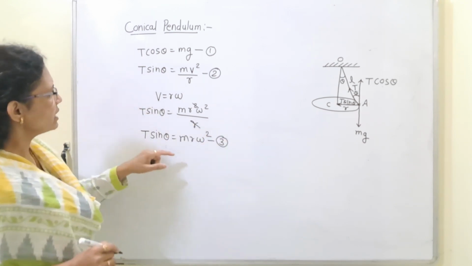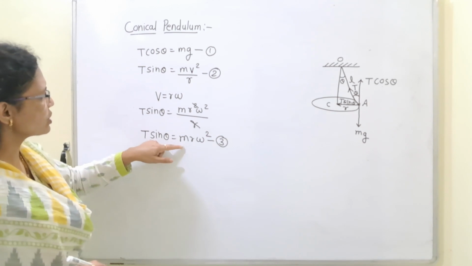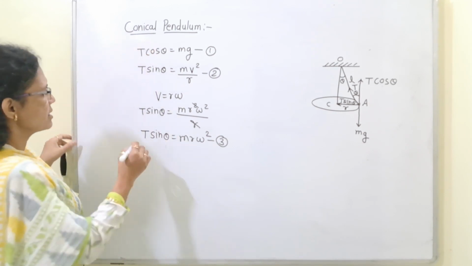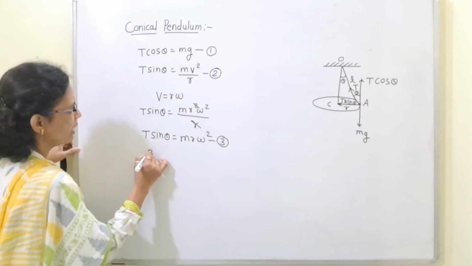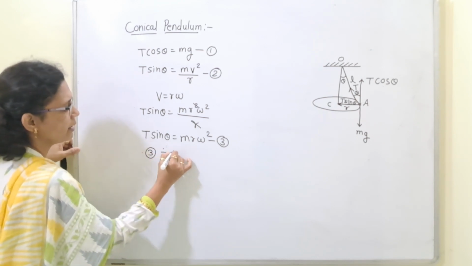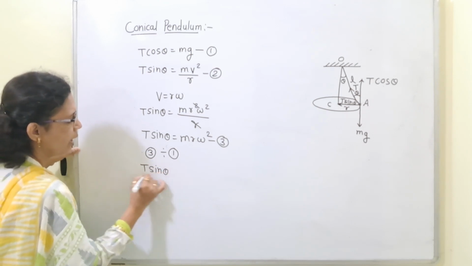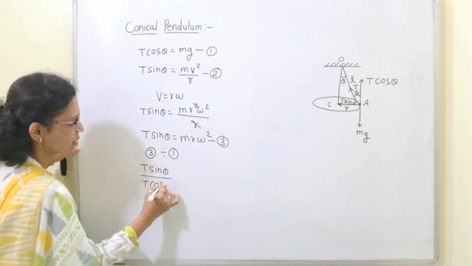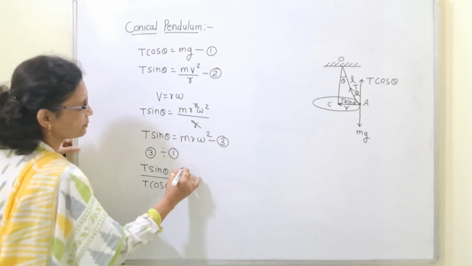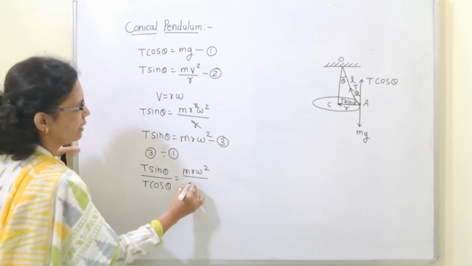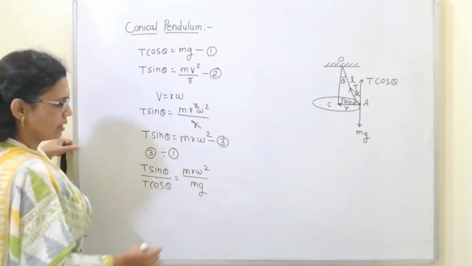Now, if I divide equation number 3 by equation number 1, what will I get? So, T sin theta upon T cos theta is equal to m r omega square divided by mg.